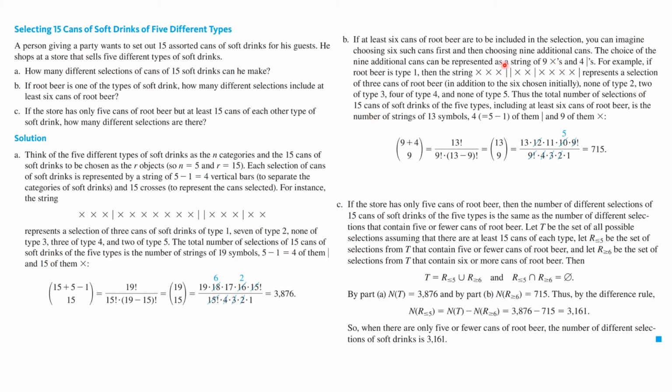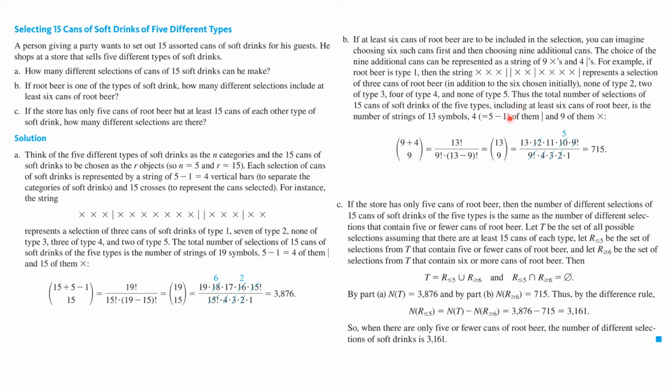The choice of 9 additional cans can be represented by a string of 9 crosses and 4 vertical bars. For example, 3 cans of root beer in addition to the 6 initially chosen, none of type 2, 2 of type 3, 4 of type 4, and none of type 5. That would be an example.